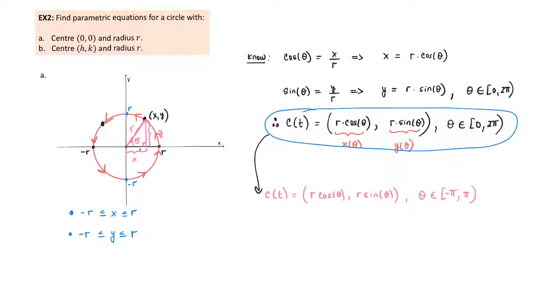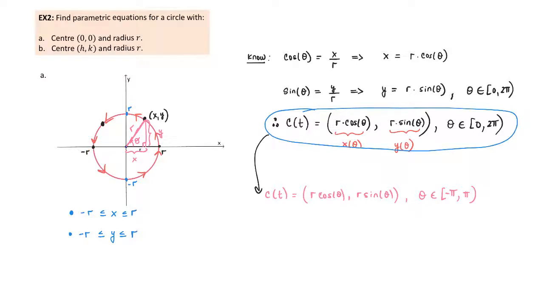You can also play with the interval for theta. So what is happening here is that you're now going from negative pi, right? So you're here, and then you're moving towards pi. So you're moving in this direction all the way until you come back over here to negative r.